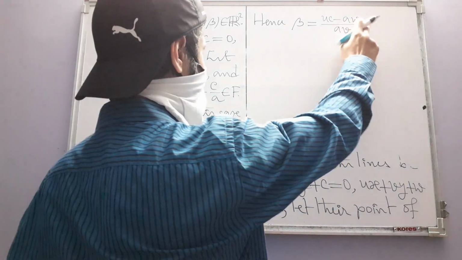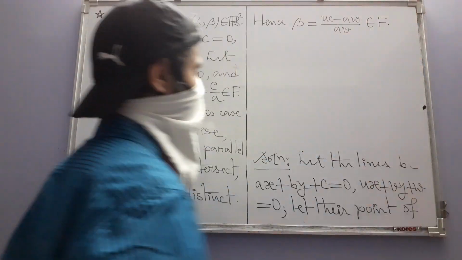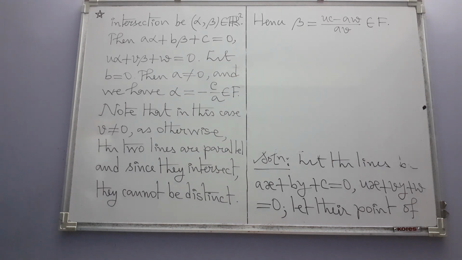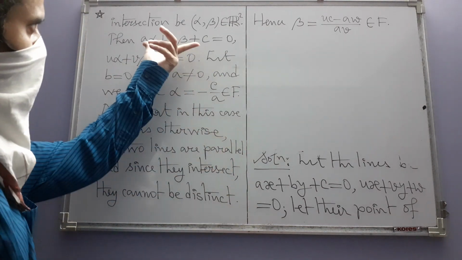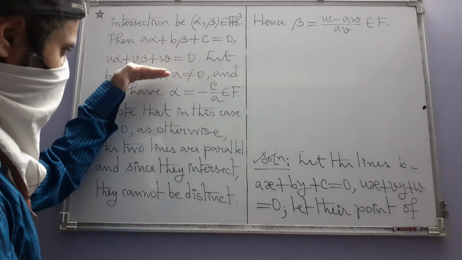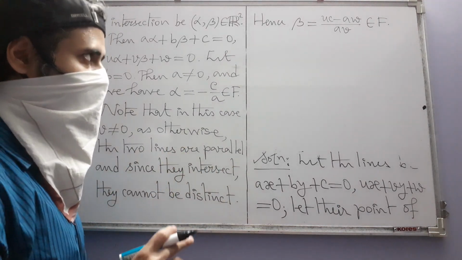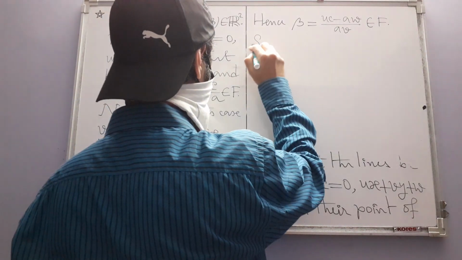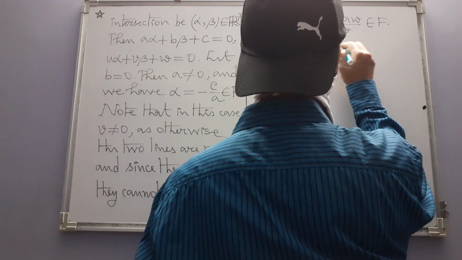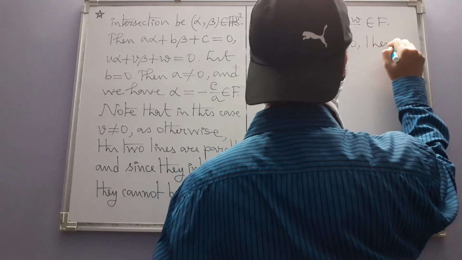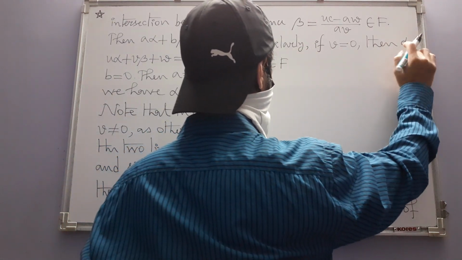And all these things u, c, a, v, w, these are elements in F. So this quotient also is an element in F. Now instead of considering b to be 0, if you consider v to be 0, that is, instead of considering this equation, if you start with this equation and proceed exactly similarly, then also that corresponding alpha and beta will be elements in F. So we write similarly, if v is equal to 0, then alpha and beta belong to F.